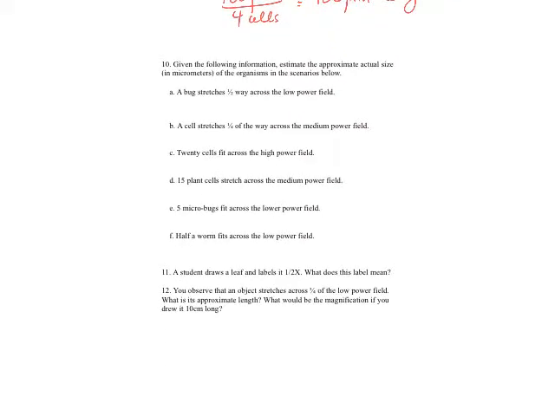All right, so you're going to estimate the size. So the bug stretches halfway across. So 4.4, and this is low power, 4.4 millimeters divided in half equals 2.2 millimeters.